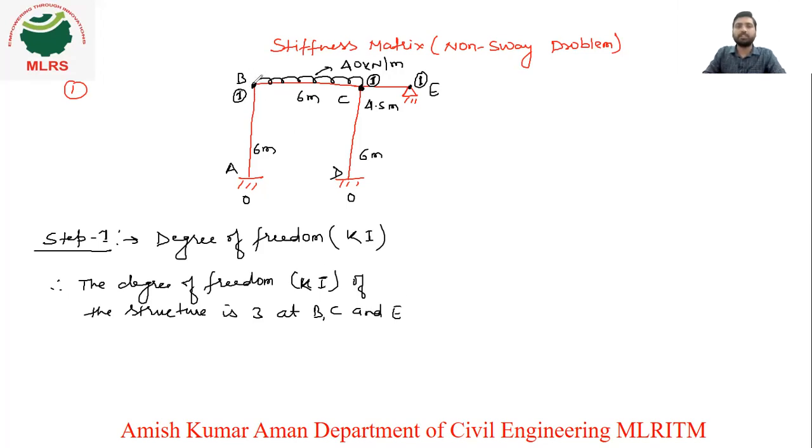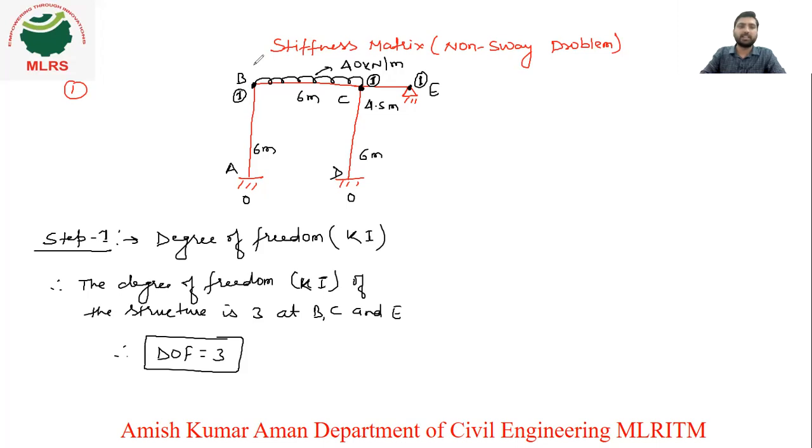At B point degree of freedom is 1, at C point degree of freedom is 1 and at E point also degree of freedom is 1. So total degree of freedom is 3. If the total degree of freedom is 3, it means the stiffness matrix will be of 3 by 3 order, right? It will be a square matrix, that is 3 by 3.